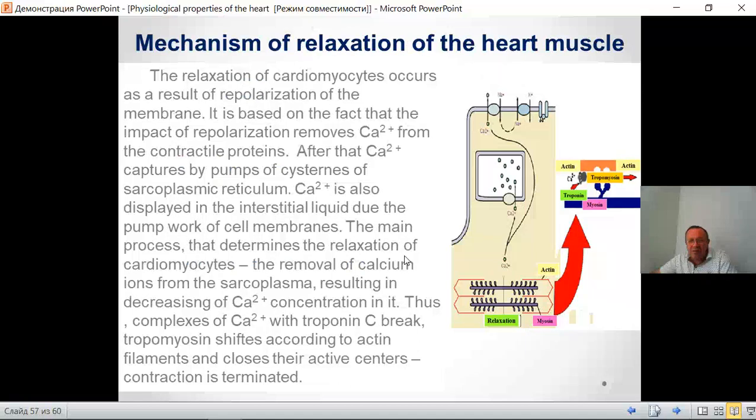Next, information about the mechanism of relaxation of the heart muscles. The relaxation of cardiomyocytes occurs as a result of repolarization of the membrane, which removes calcium ions from the contractile proteins.